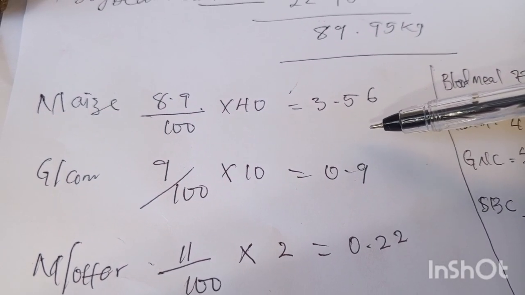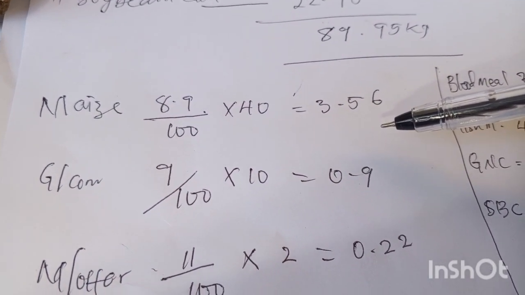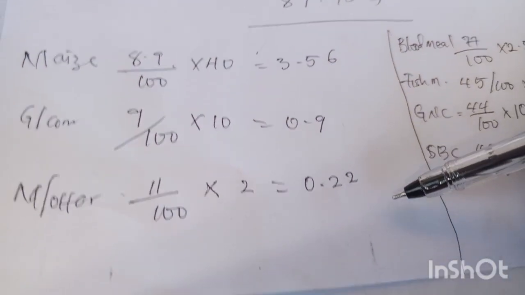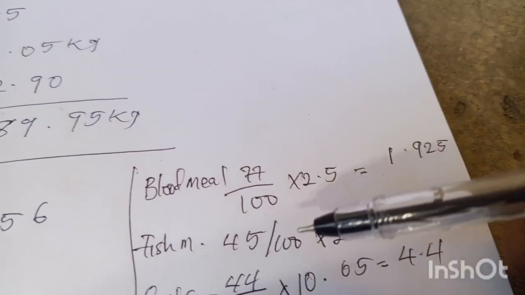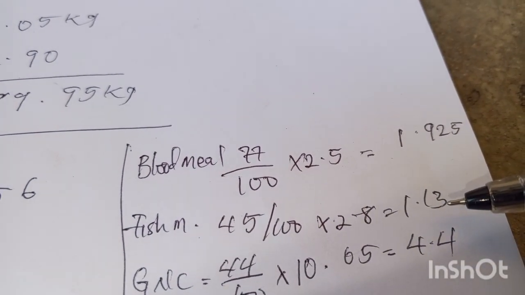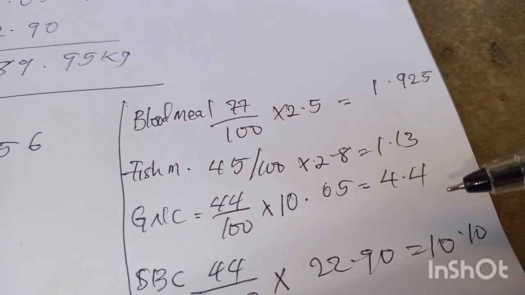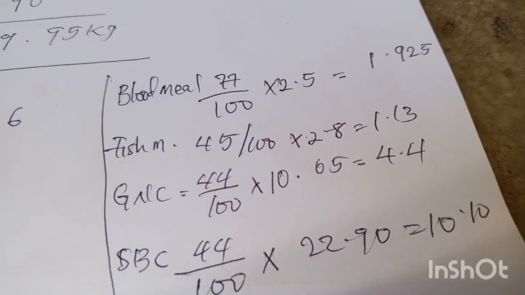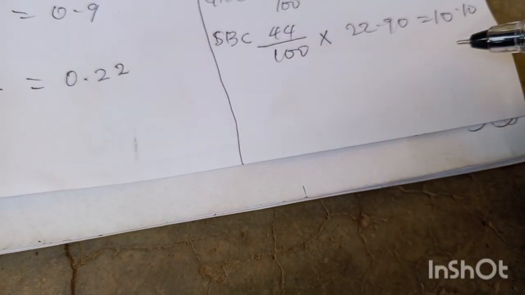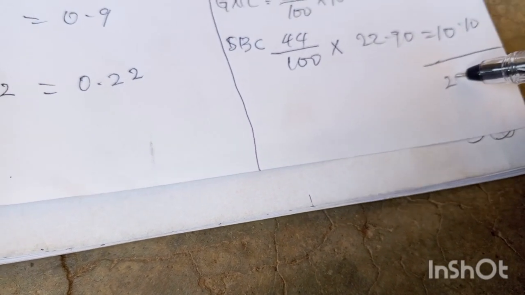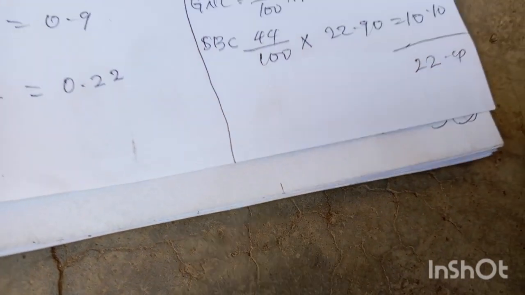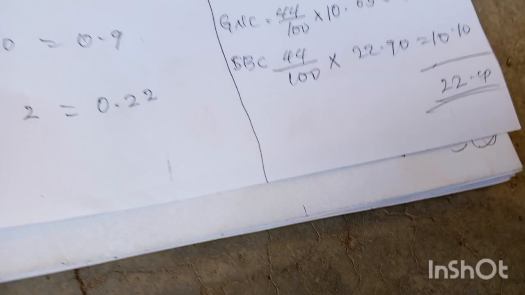So 3.56 plus 0.9 plus 0.22 plus 1.95 plus 1.13 plus 4.4 plus 10.1. Everything together is what? 22. 22 CP. So our CP is accurate.